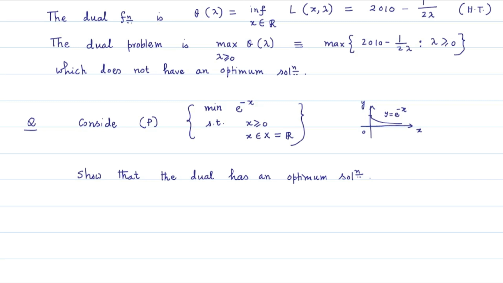Towards this, the first result is the weak duality theorem, which states that for any given primal and dual feasible points, the dual objective function value is less than or equal to the primal objective function value.